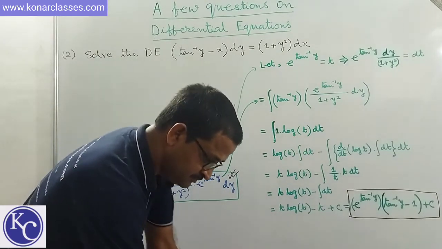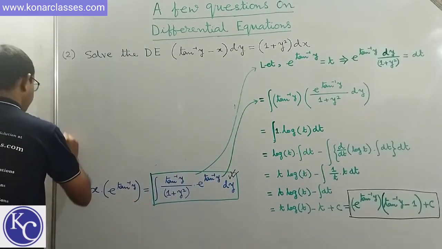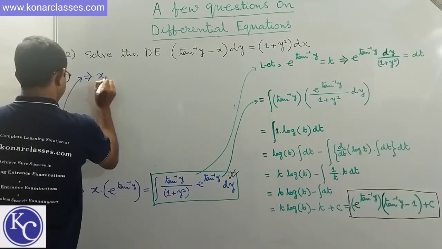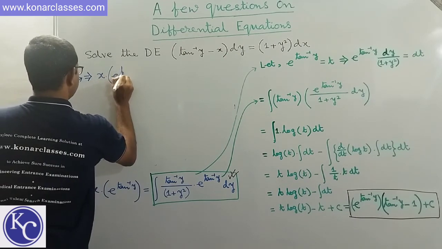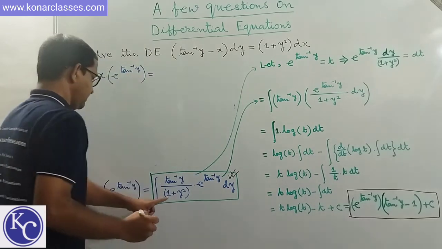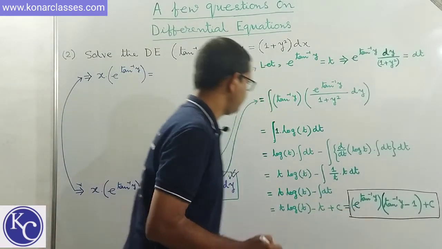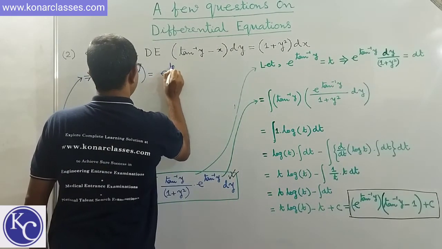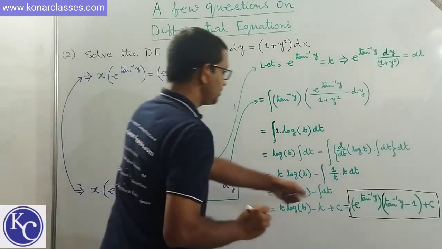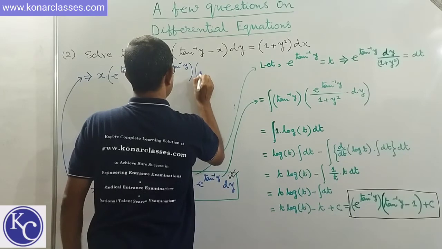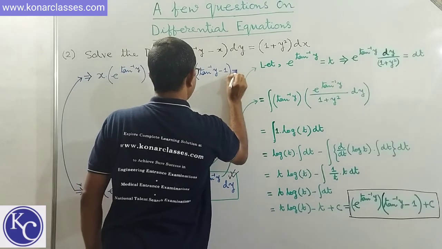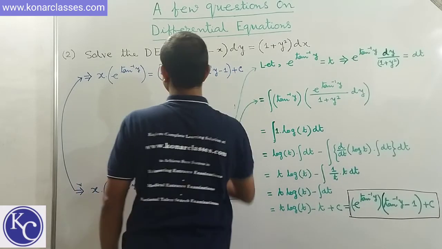If we take it from here, we get e power x into e power tan inverse y is equal to, this entire integration is nothing but e power tan inverse y into tan inverse y minus 1 plus integrating constant c.